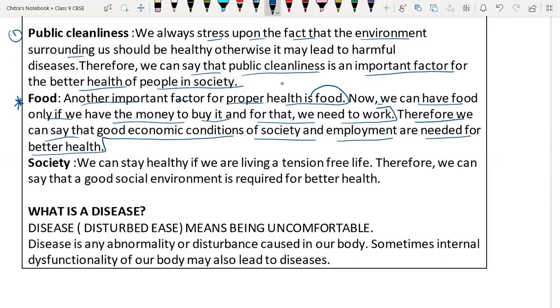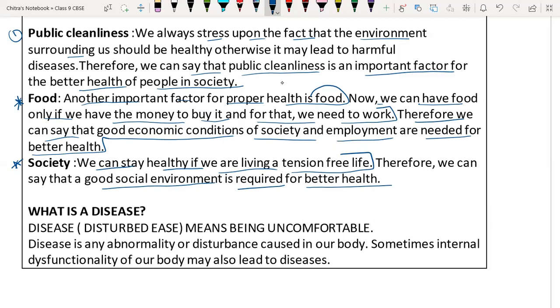Next, again, the society. We stay healthy if we are living in a tension-free life, in a tension-free surrounding. Therefore, we can say that a good social environment is very important for better health. Wherever we are living, if the people are not good, they are teasing or performing illogical and inhuman activities, then a person living in such surroundings will be mentally disturbed.